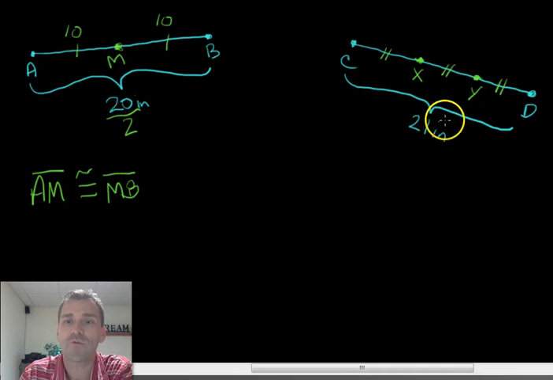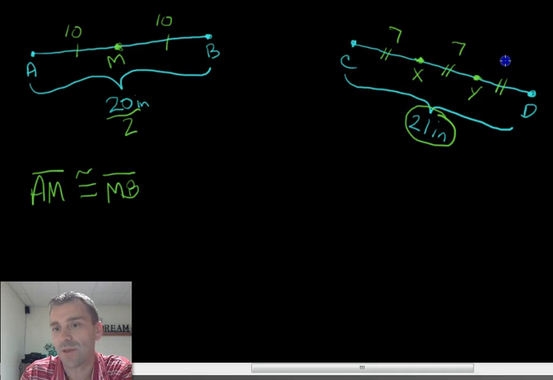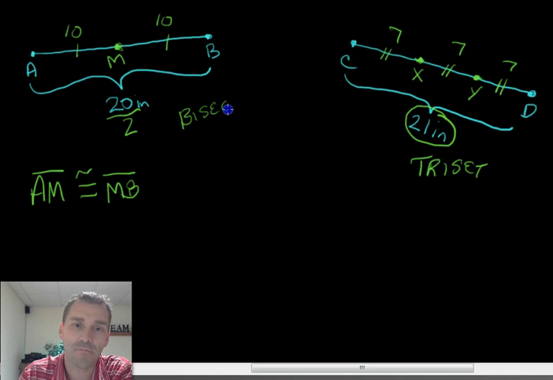So you take the overall 21 inches and make this 7, make this 7, and make this 7. That segment is said to be trisected. It's trisected. And this over here is bisected. So that's bisect and that's trisect.